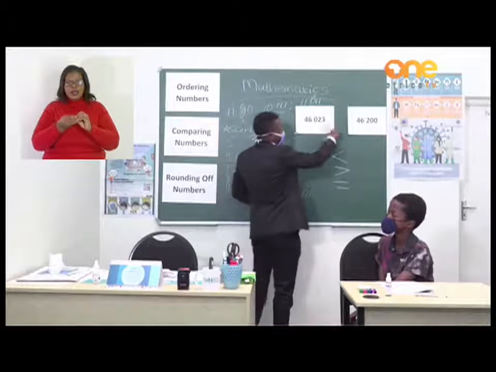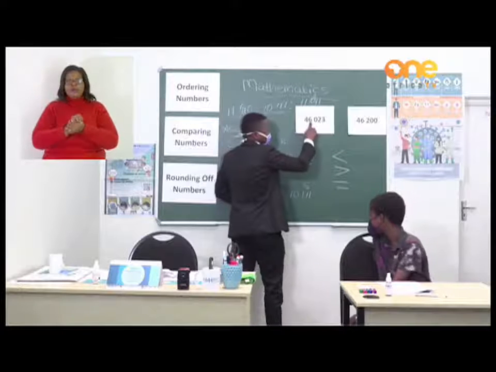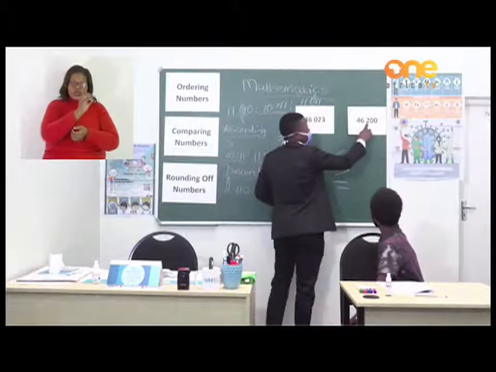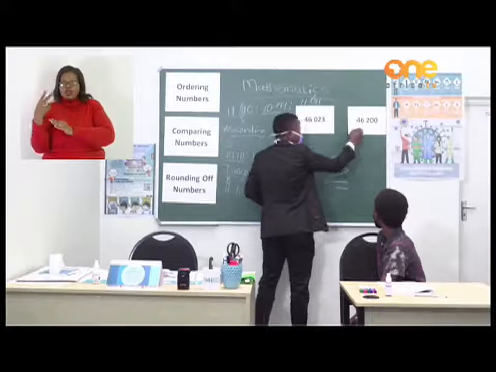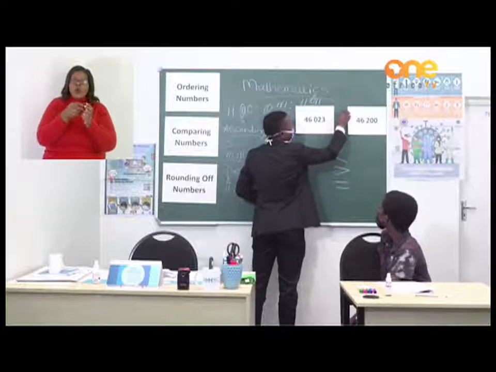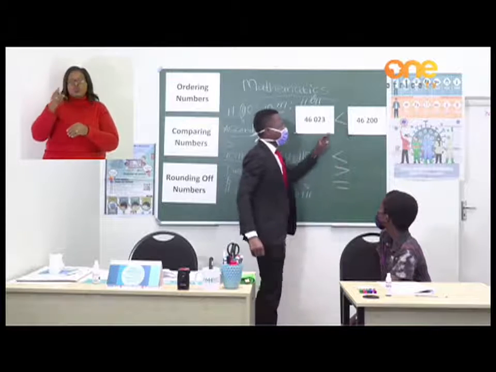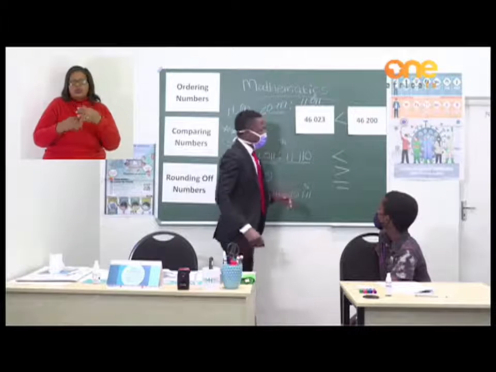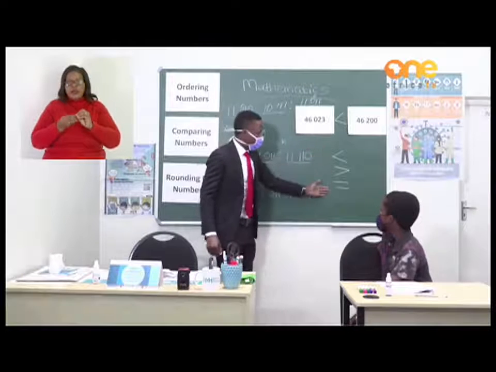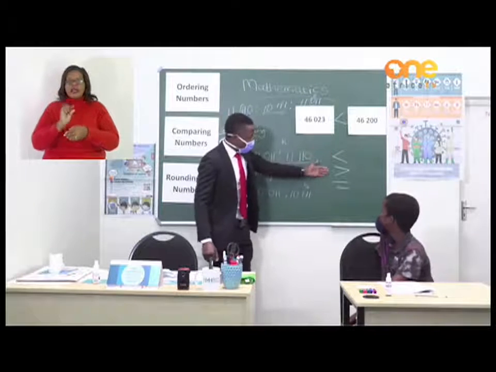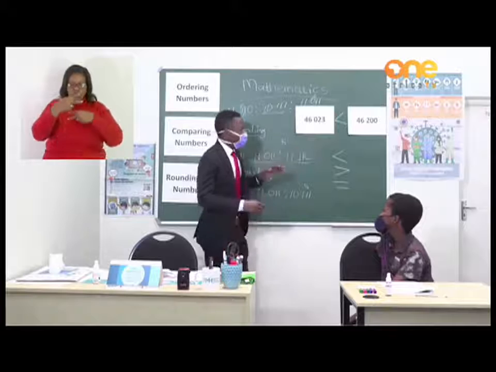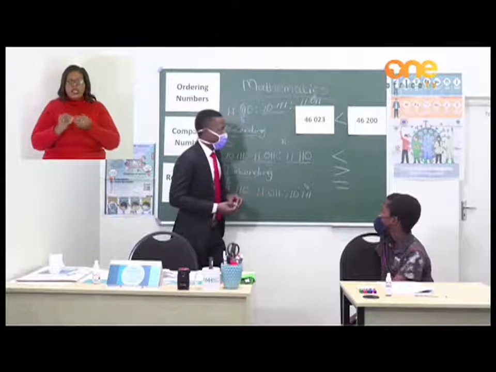So if you look at these numbers, 46,000, 46,000, and I have 23, here I have 200, meaning this is bigger than this. So the crocodile here will obviously go and eat the number which is big. So in short, comparing numbers, we use the relationship signs, smaller than, greater than, and equal to, to see which number is bigger than the other.